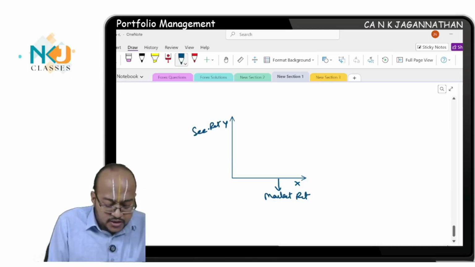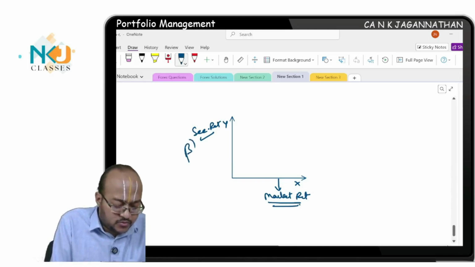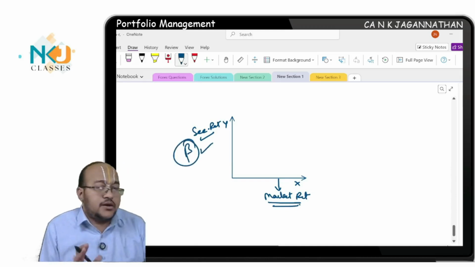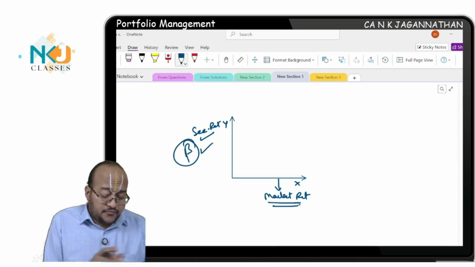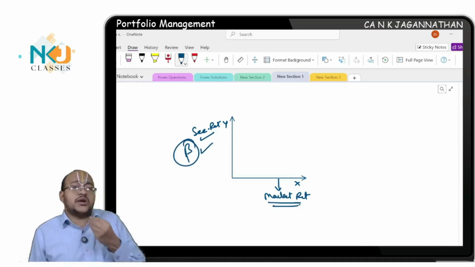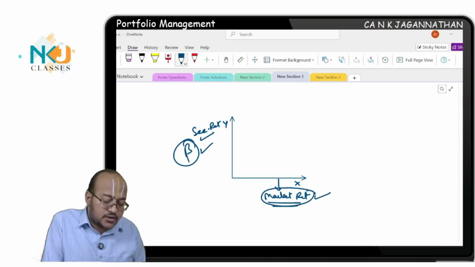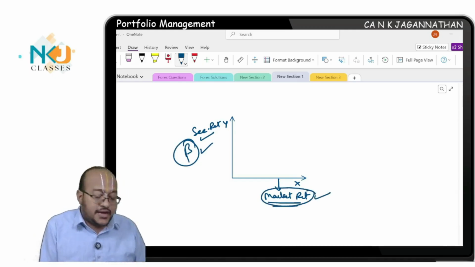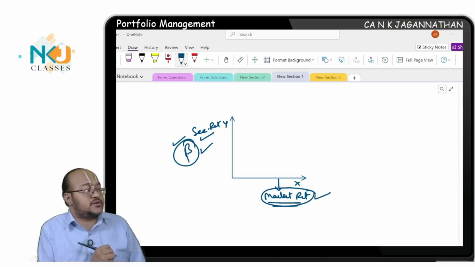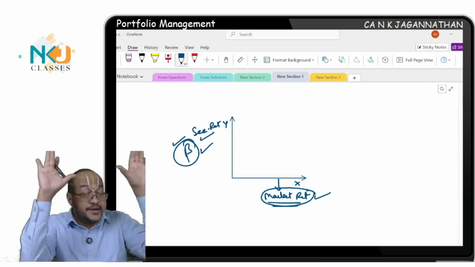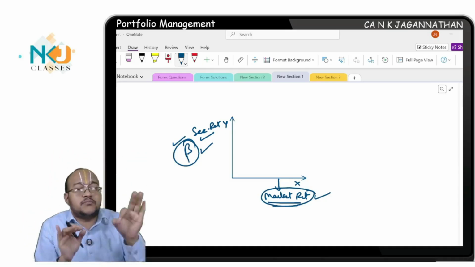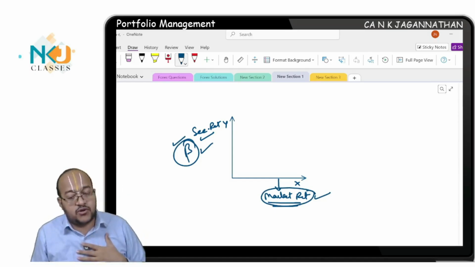Now, the change in security return with respect to the change in market return is captured through beta. This is nothing but beta, agreed? Which means the security return changes with market return, which is what we understood till now. That's why we took beta as a measure of risk, and the market index became the proxy for the macroeconomic factor. Are you all understanding what I am trying to say?